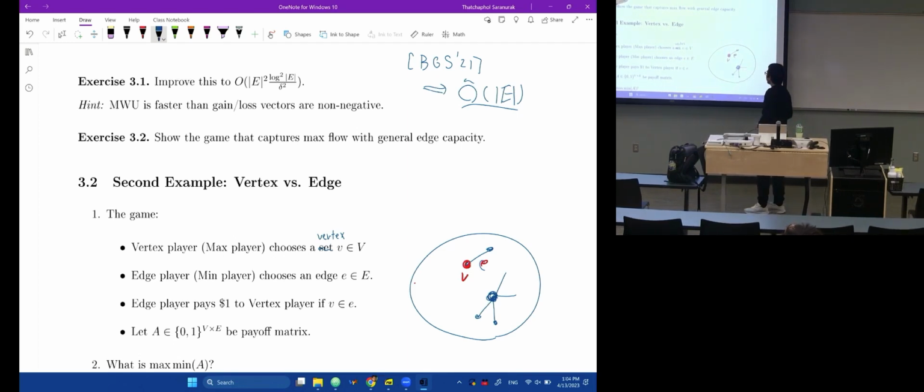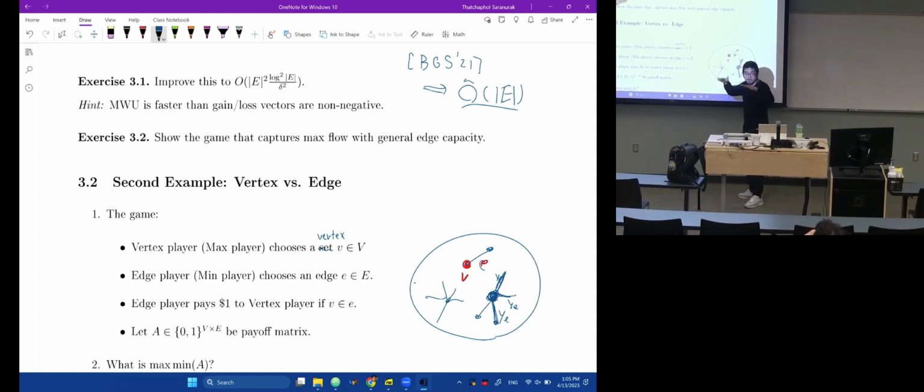So basically, it wants to choose a distribution of edges such that the weighted degree is smallest. Choose a distribution of edges here such that the sum of y_e is smallest. Look at every node, and for each node there is a weighted degree with respect to the distribution that the edge player chooses.